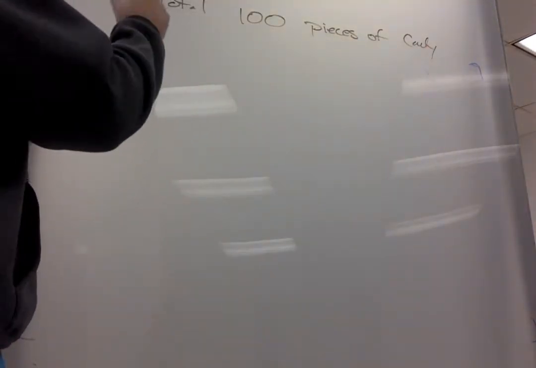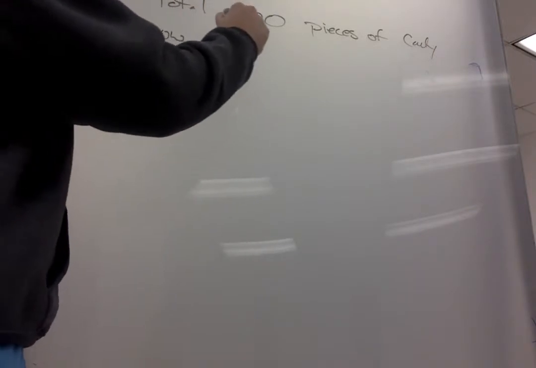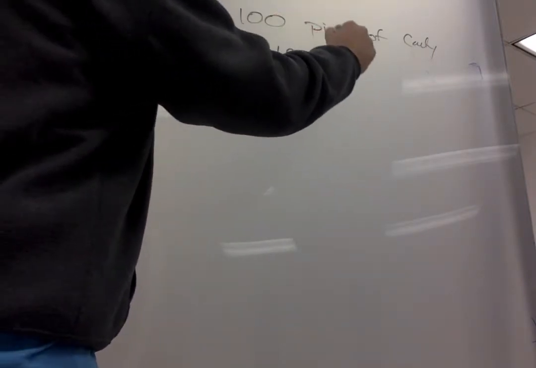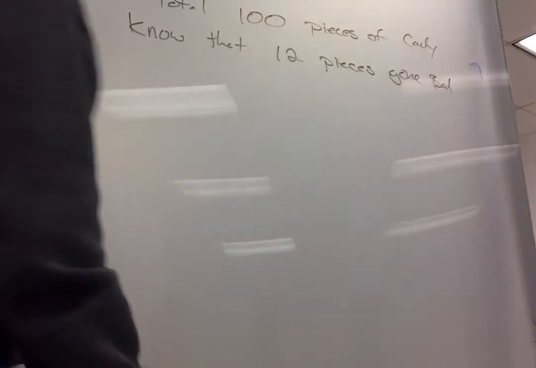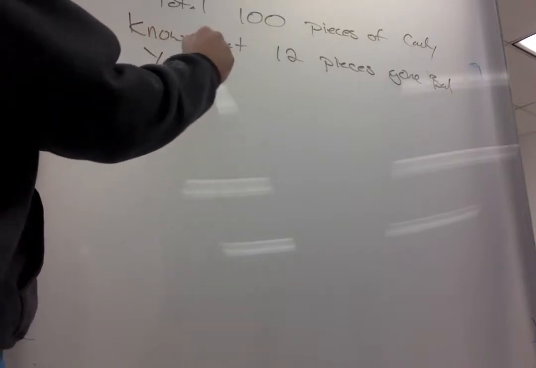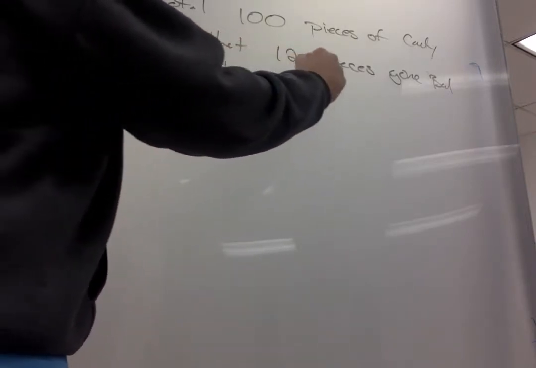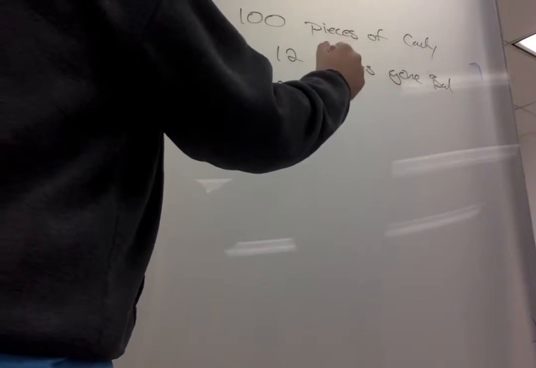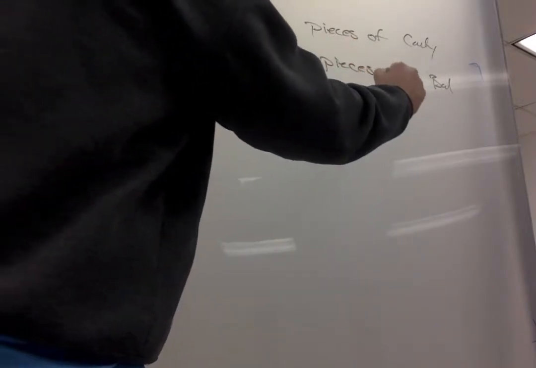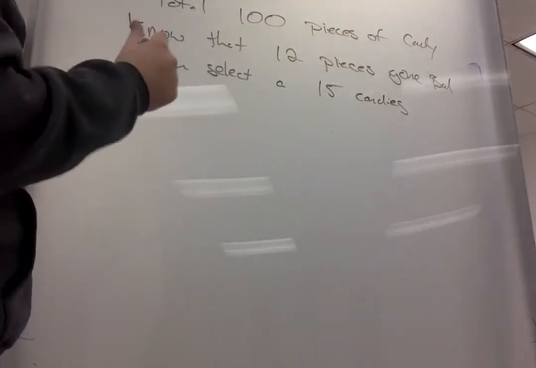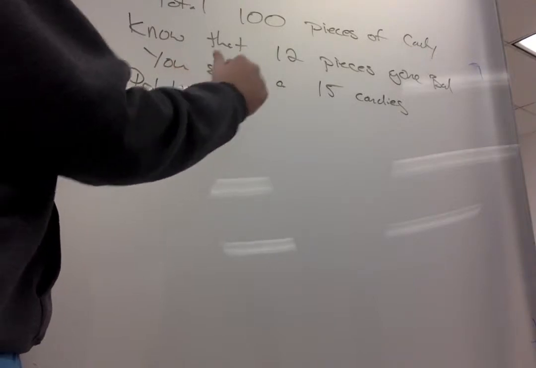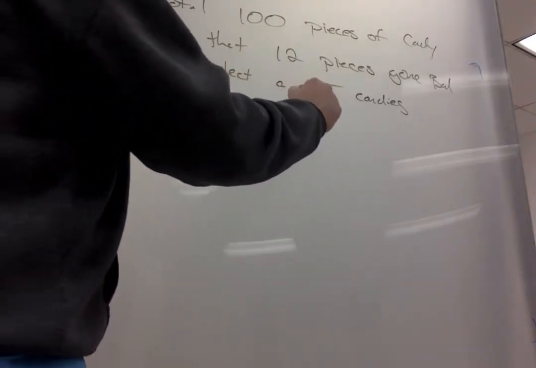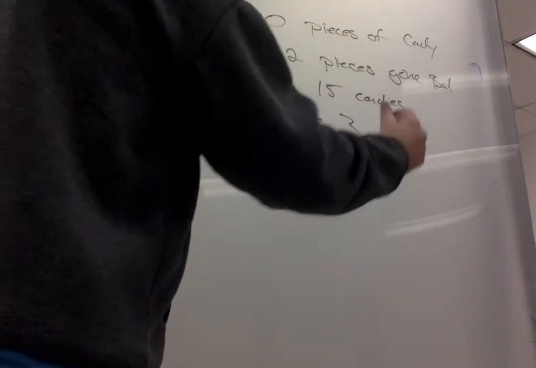And you know that 12 pieces have gone bad. So you select a handful of 15 candies, and you want to know the probability that you have exactly 3 bad candies.